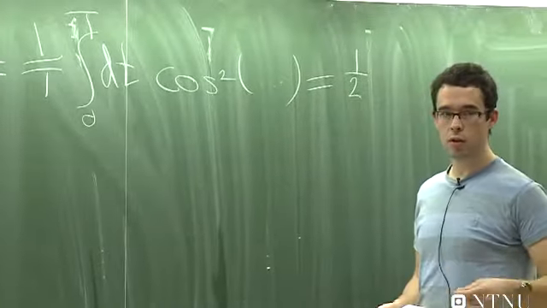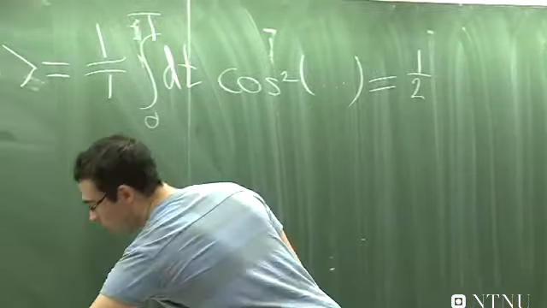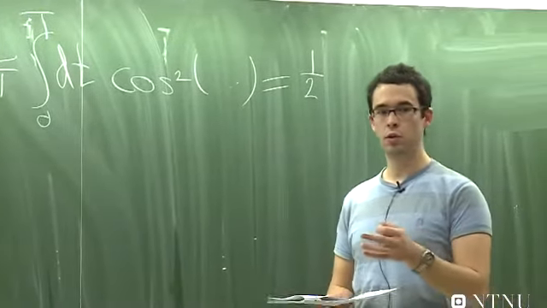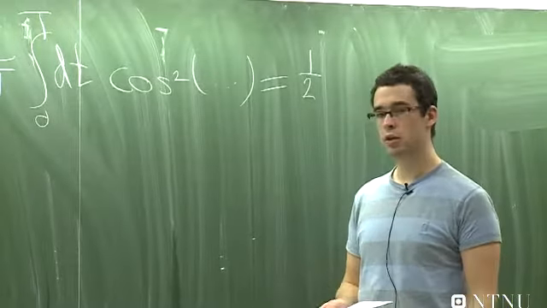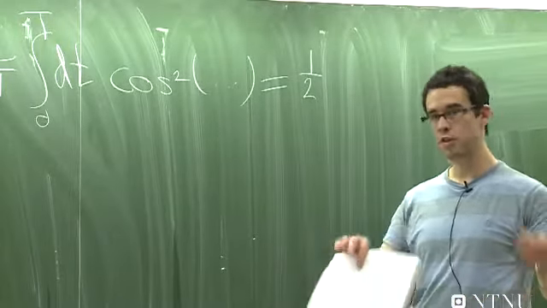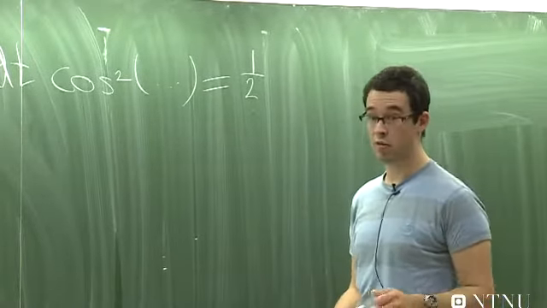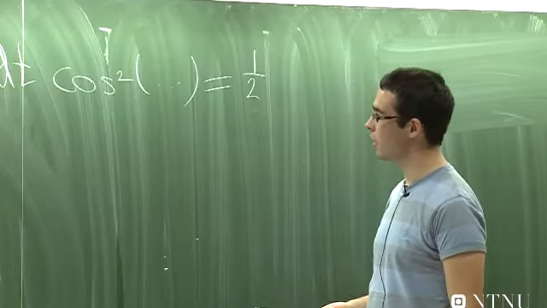And a simple mental rule to remember this is to just recall that sine square plus cosine square is equal to 1. So the time average of sine square plus the time average of cosine square is also equal to 1. And because they have the same shape except a small phase difference, then they must be half each. So that's a way to quickly remember that.